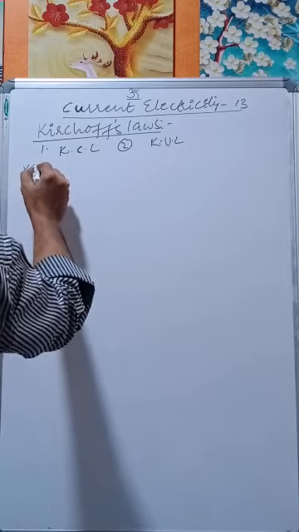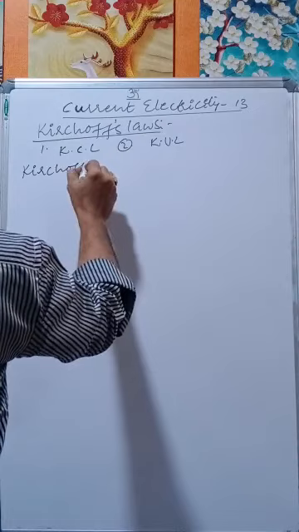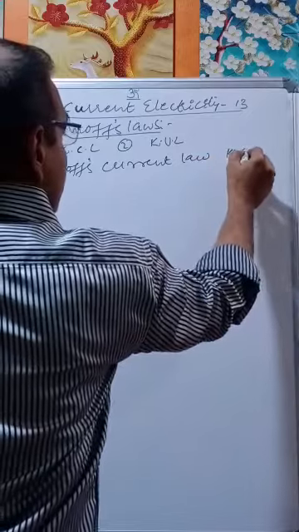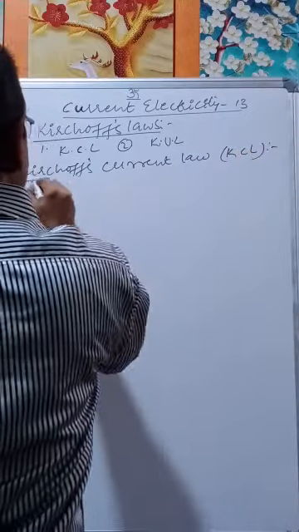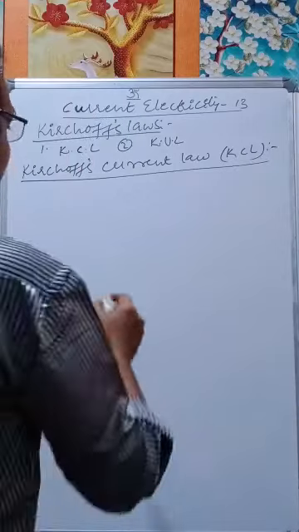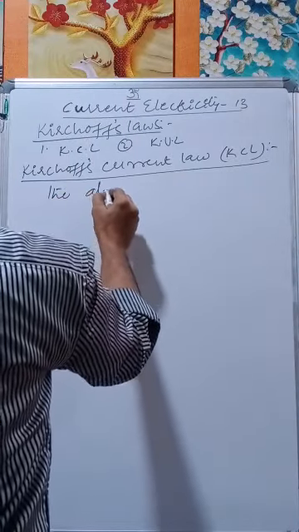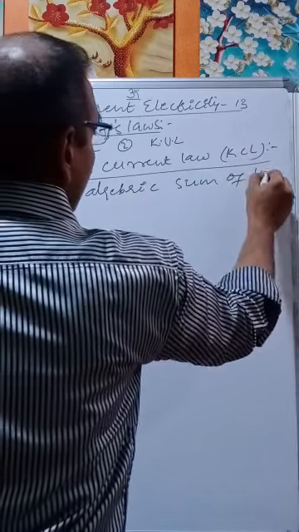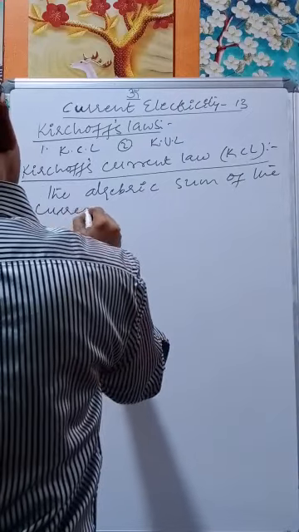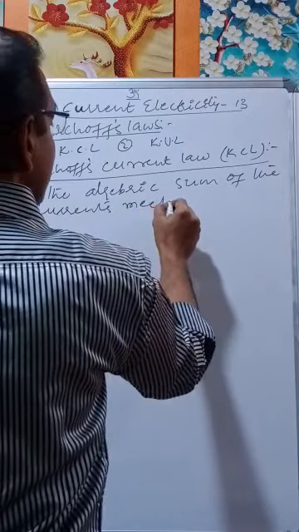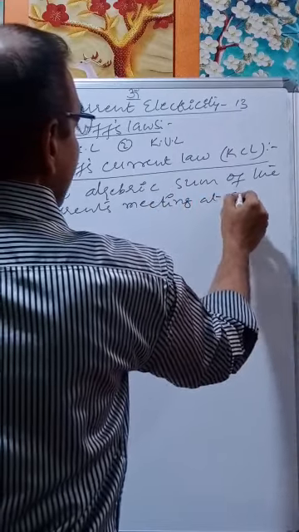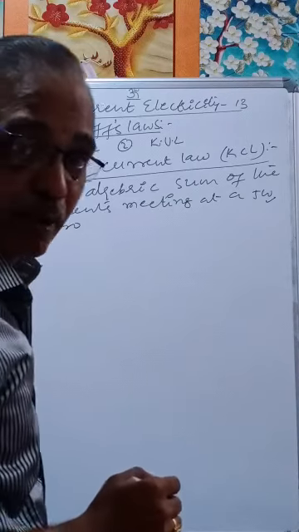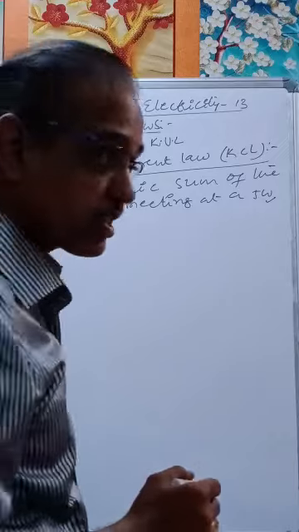Now, Kirchhoff's current law, KCL. What it says is the algebraic sum of the currents meeting at a junction is 0.